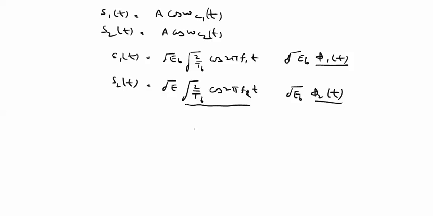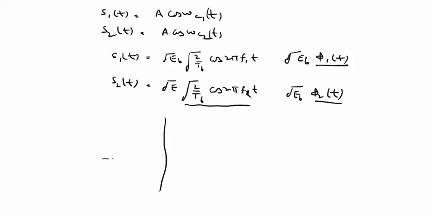We know that two cosine functions with different frequencies, harmonically related to each other, are orthogonal functions.